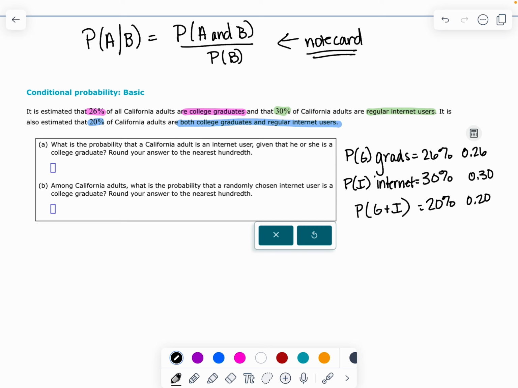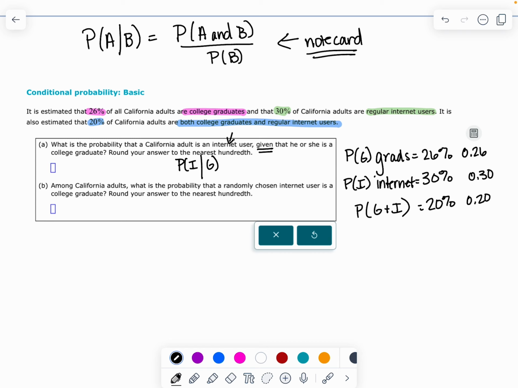What's the probability that a California adult is an internet user given that he or she is a college graduate? Okay. So what's the probability that they are an internet user given that they are a graduate? That's what they want to know. Look for that word given.